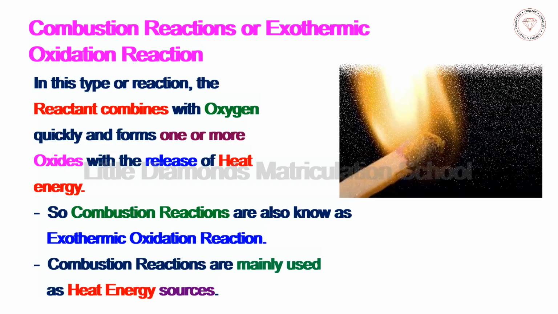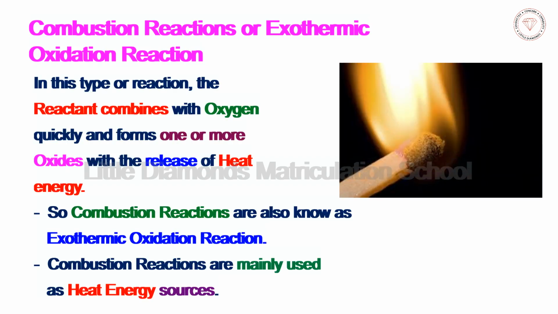Combustion reactions. In this type of reaction, the reactant combines with oxygen quickly and forms one or more oxides with the release of heat energy. So, combustion reactions are also known as exothermic reactions. If a flame is formed because of the heat energy given out, it is called burning. Combustion reactions are mainly used as heat energy sources.